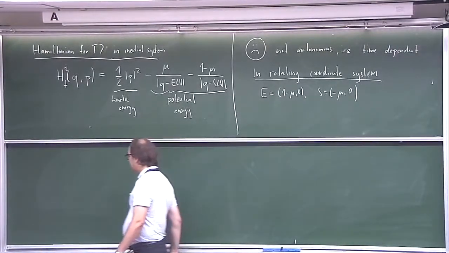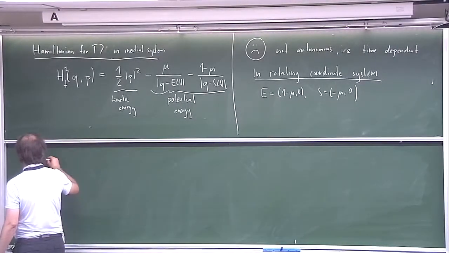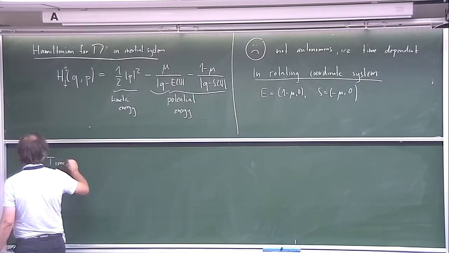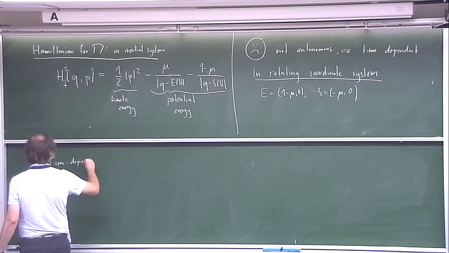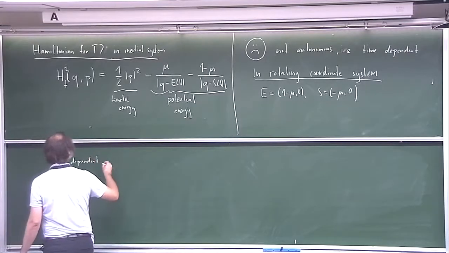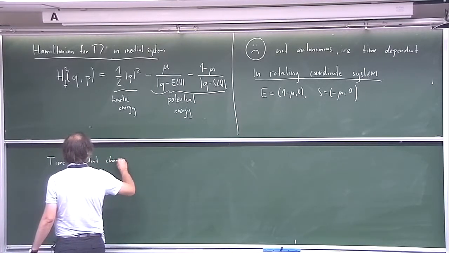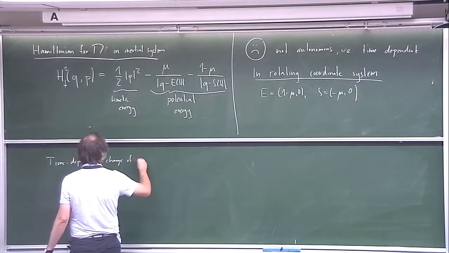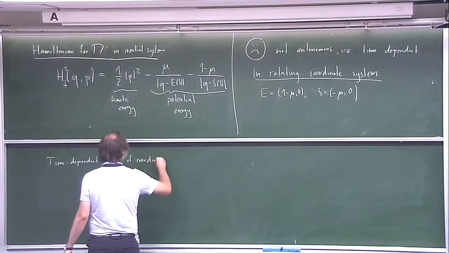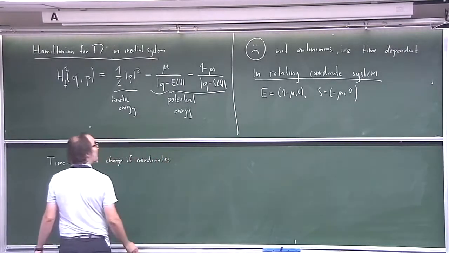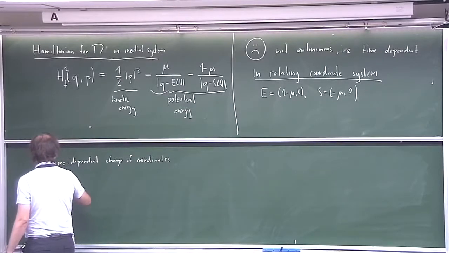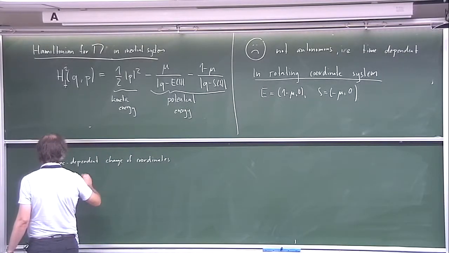So we have a time-dependent change of coordinates. And so we have the Hamiltonian now in the rotating coordinate system, H(q,p).